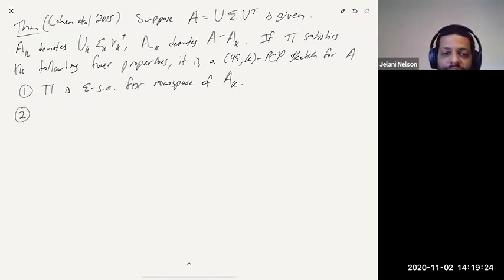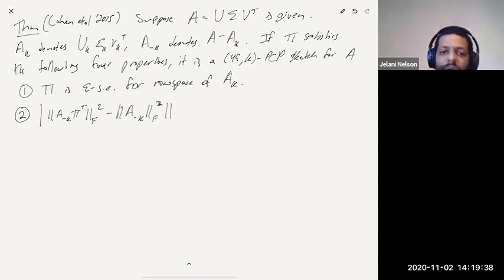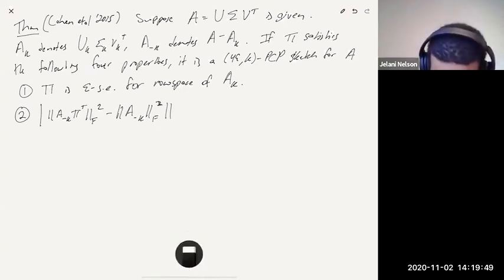The second thing you need is, if you look at the Frobenius norm squared of A minus A_k Pi transpose, minus the Frobenius norm squared of A minus A_k. Okay. I want this thing to be at most, so let me not square it.